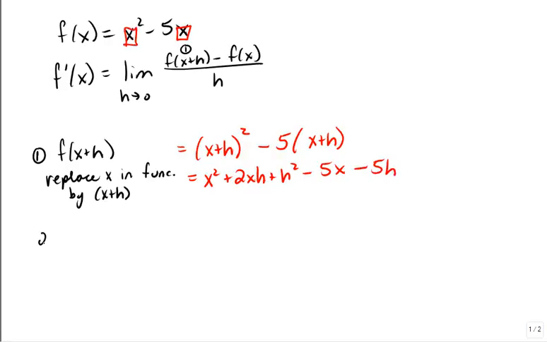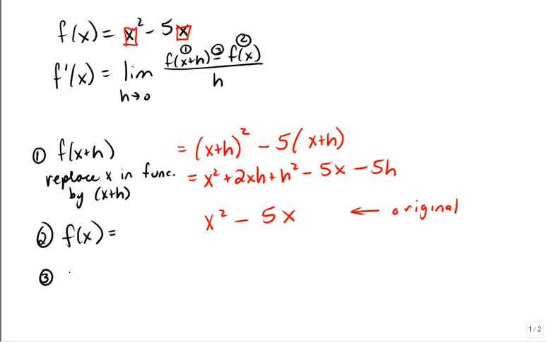Okay, the second step is right here. We find out what f of x is. Well, f of x is our original function, so that's x squared minus 5x. That's the original. Step 3 is right here. We're going to subtract. So when we subtract, the like terms are going to drop out.